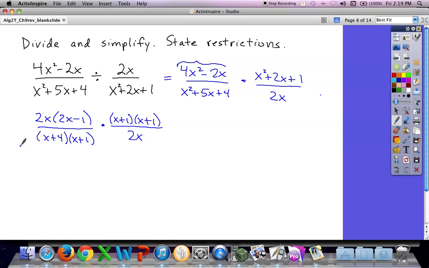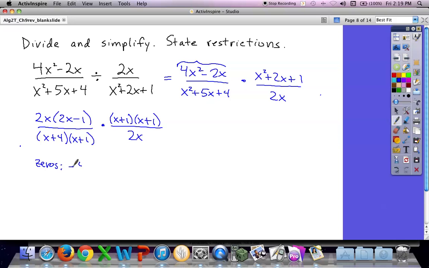So now, where do we have to look for the zeros? Here, right? The zeros that we're interested in now are negative 4, negative 1. That's another negative 1 because we have to look here, and 0.